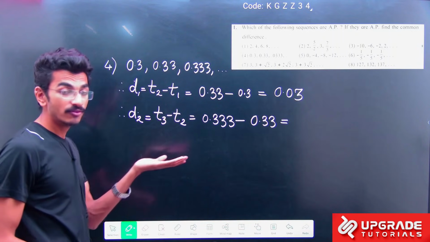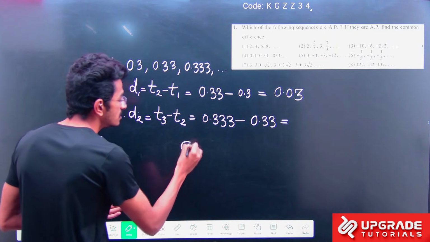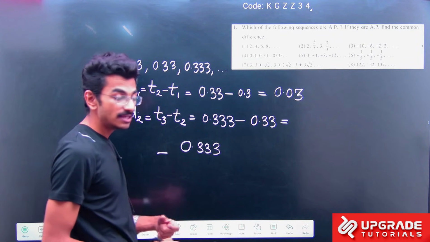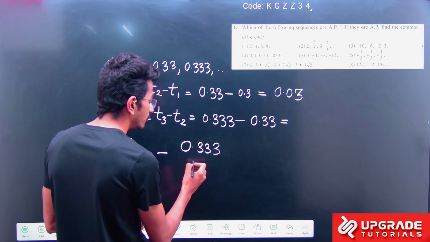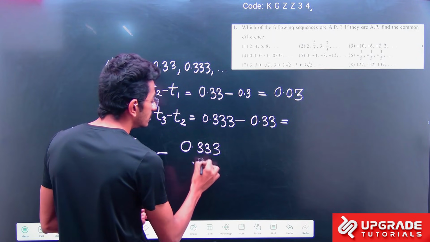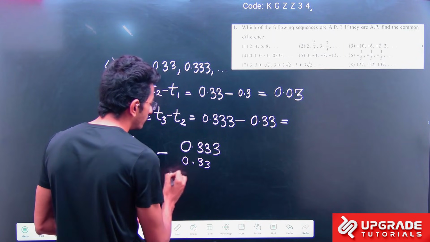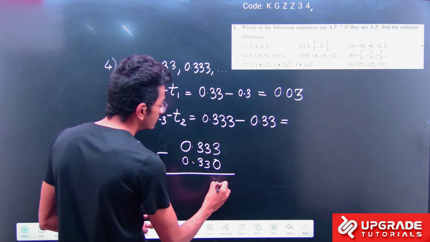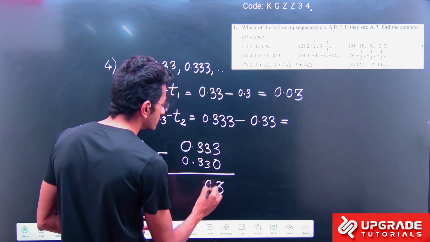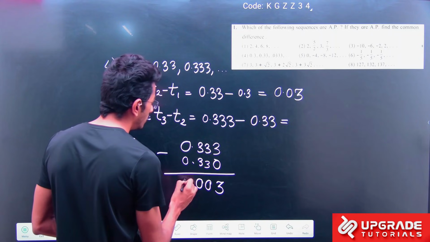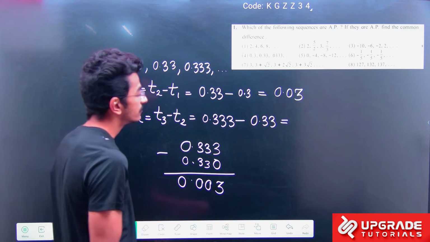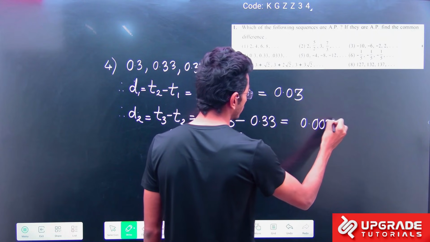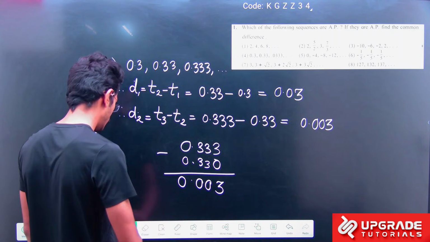Similarly, as I said before, we write the first number, write the decimal point of the second number below it, and the digits at the right places. Remaining places fill with 0. 3 minus 0 is 3, 3 minus 3 is 0, 3 minus 3 is 0, 0. So the difference is 0.003.